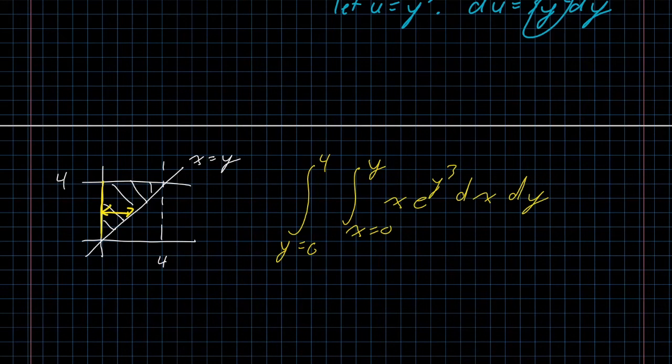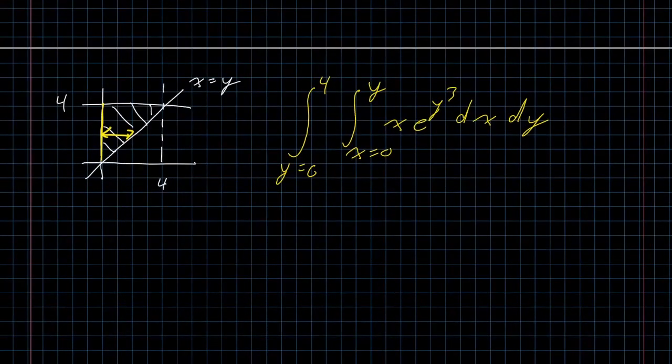Now I'm integrating with respect to x before I integrate with respect to y, and that makes all the difference. Because e to the y cubed, for the moment, is a constant. And so I'm integrating some constant times x, which is going to give me the same constant times x squared. Well, 1/2 x squared.